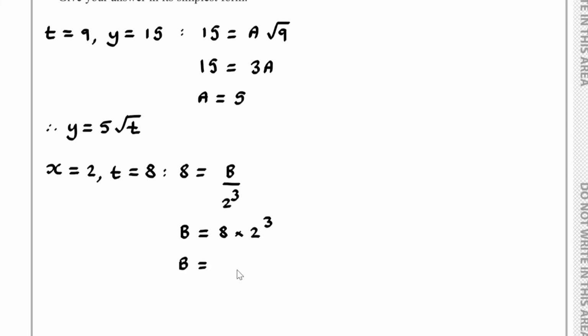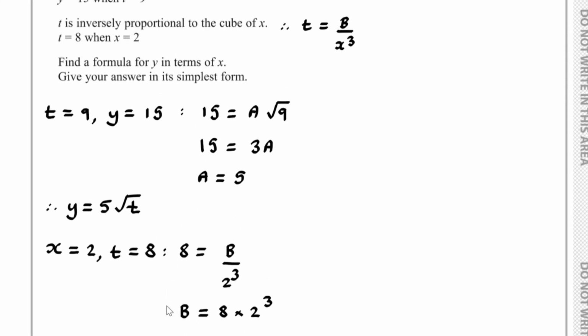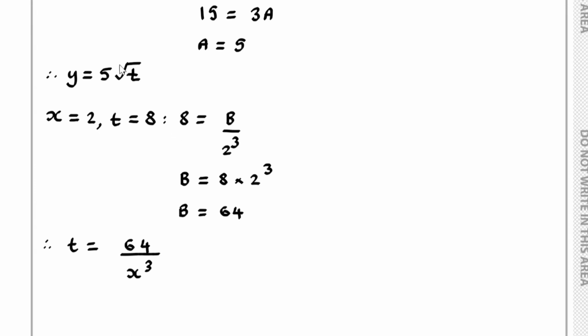So b equals 64. And knowing that b equals 64, we can therefore conclude t equals 64 over x cubed. And now what we need to do is find a formula for y in terms of x, so we need to replace the t with 64 over x cubed. So if I call this equation 1 and this equation 2, we can substitute equation 2 into equation 1.